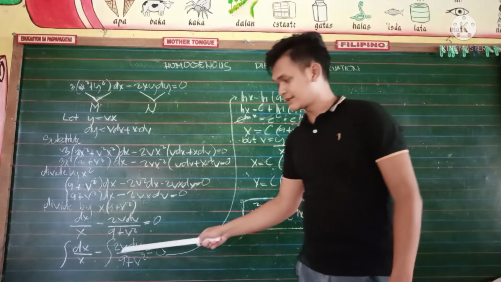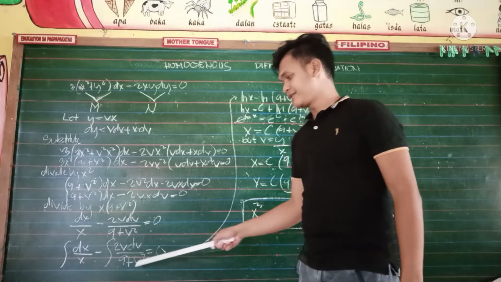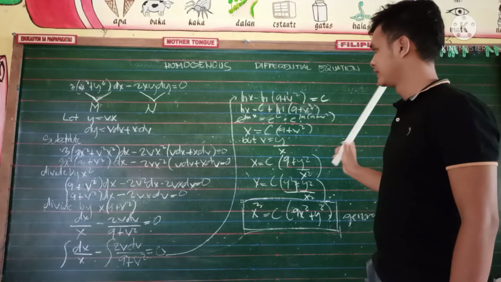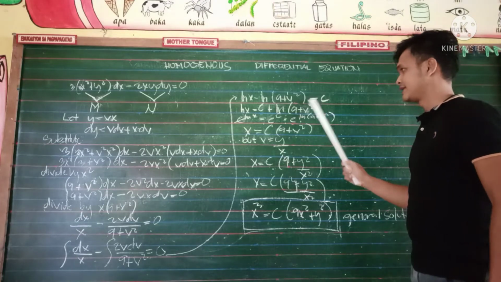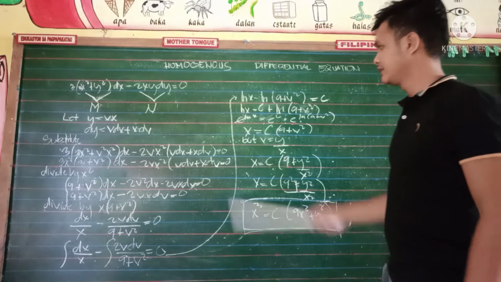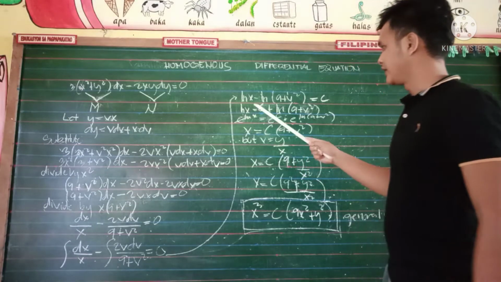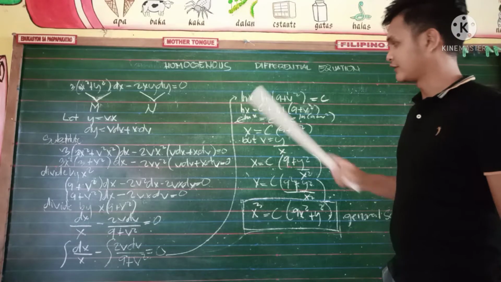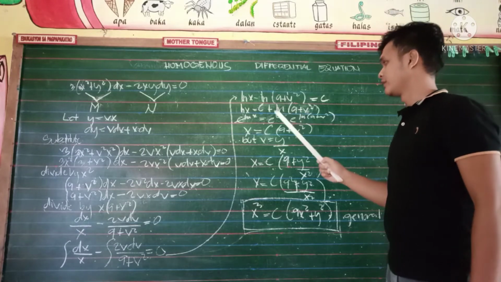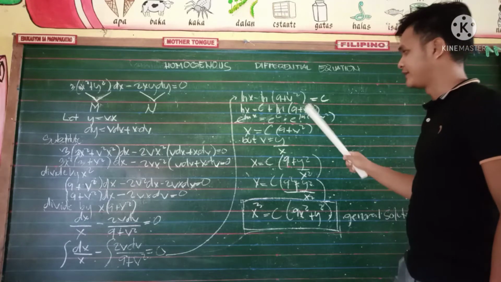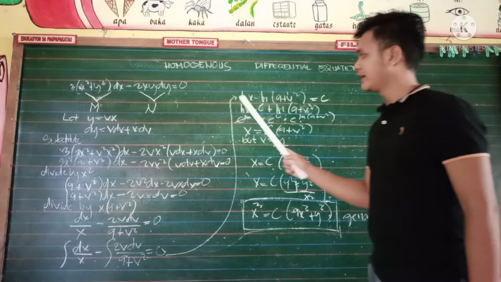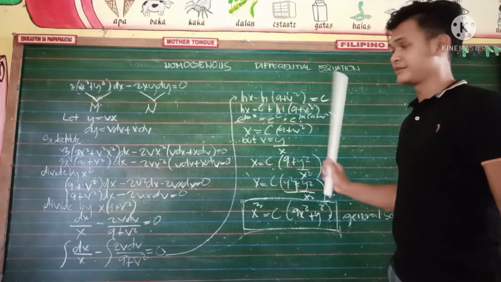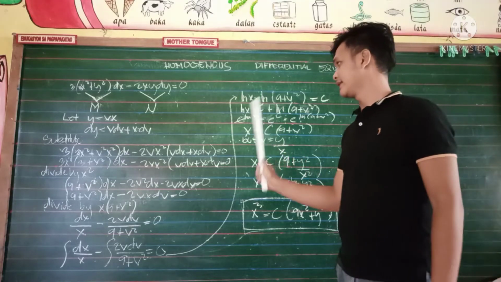The integration of 2v dv over (3 plus v squared) is negative ln of (3 plus v squared), and the integration constant is c. So ln of x equals c, and transpose the negative ln of (3 plus v squared) in order to make it positive, so plus ln of (3 plus v squared). They both have ln, the x term and the v term, so we need to cancel out the ln.